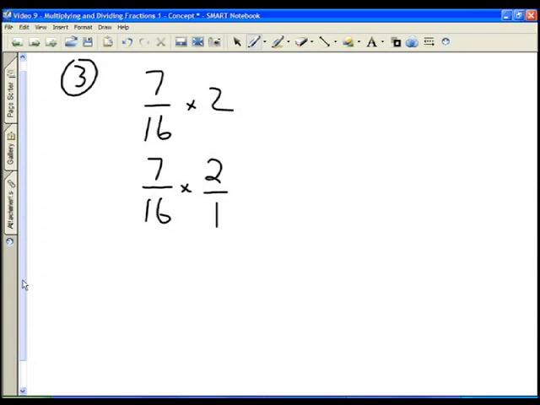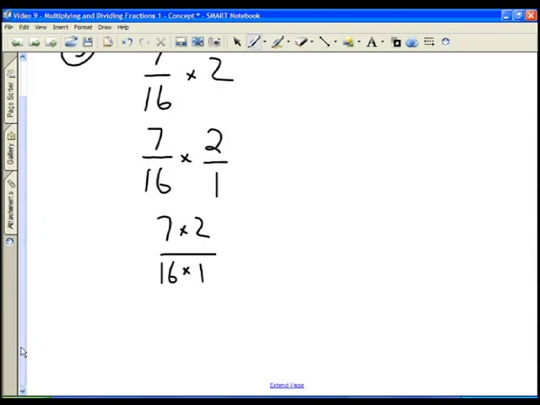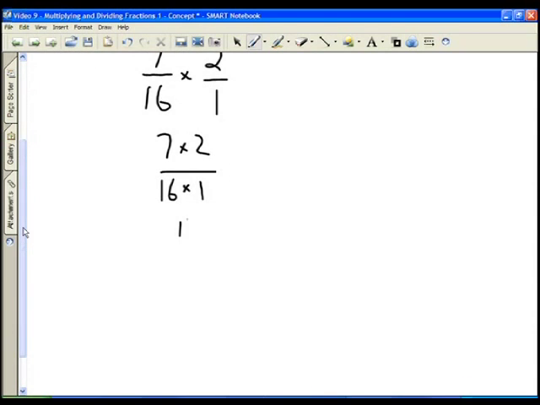And now you see here, we have 7/16 times 2 over 1. 7 times 2, I should do that. We can have 7 times 2 over 16 times 1. And so this can give us 14/16. 7 times 2 is 14, and 16 times 1 is 16.